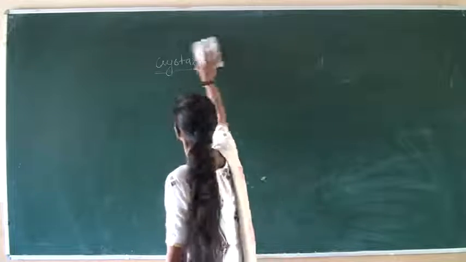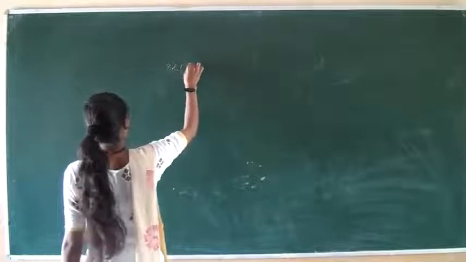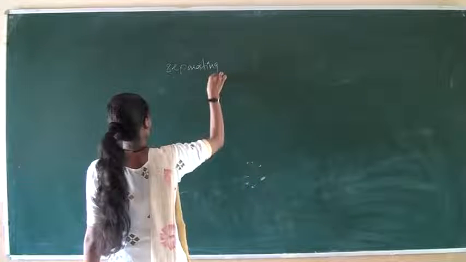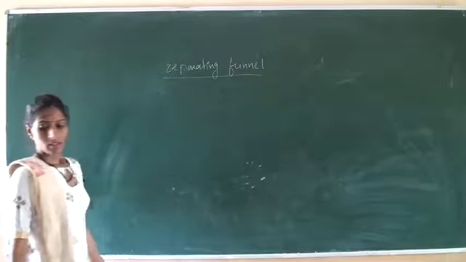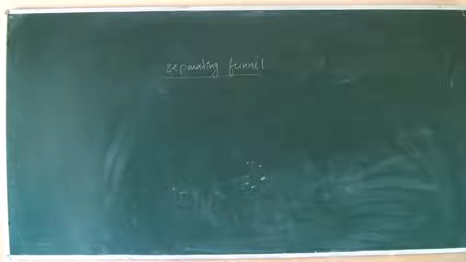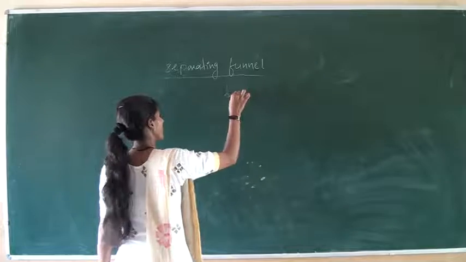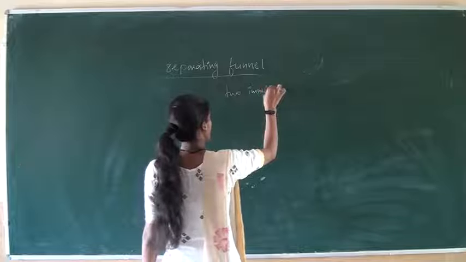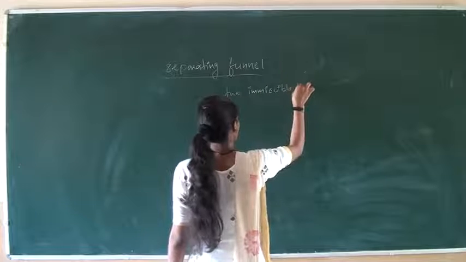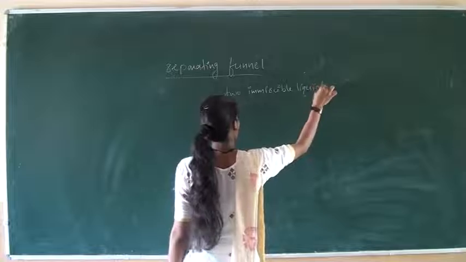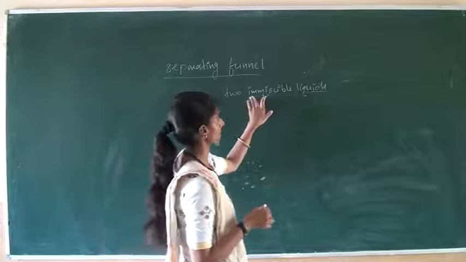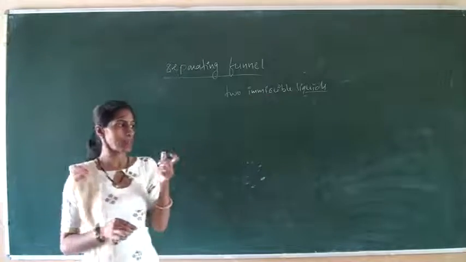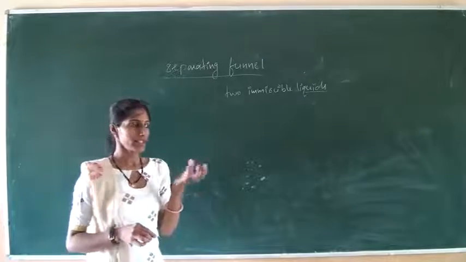After that, the next method is the separating funnel. We discussed the distillation method. The distillation method is used to separate two miscible liquids. Miscible means that they dissolve in each other.